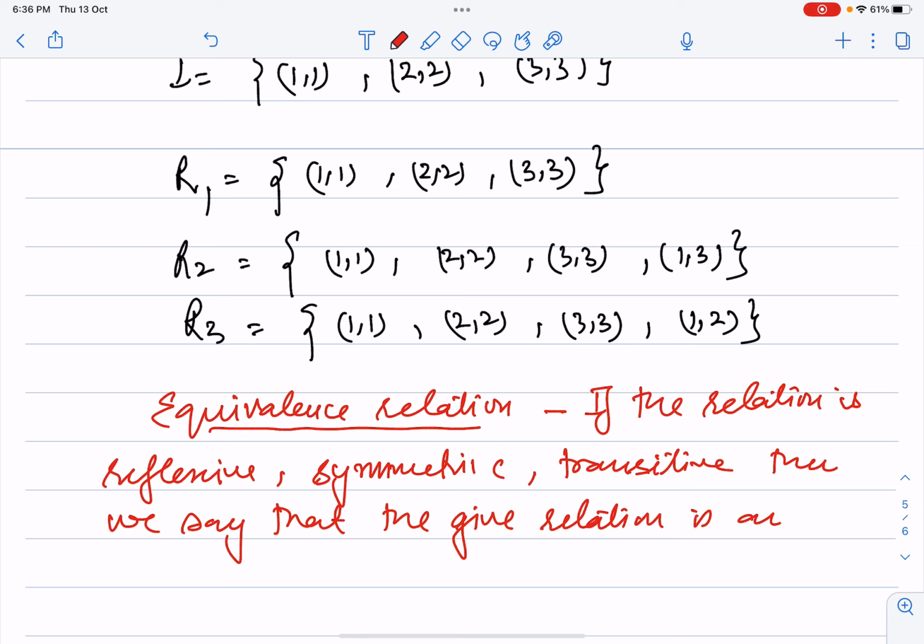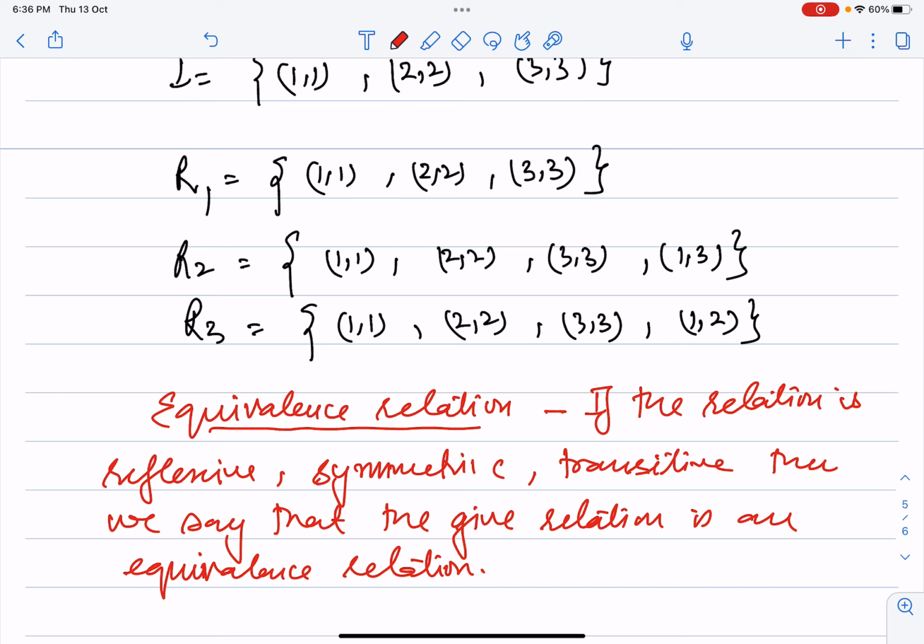then we say that the given relation is an equivalence relation. So in exams, they give problems like that: prove whether the given relation is equivalence or not. Then what you have to do is find whether it is reflexive, symmetric, and transitive. If it is all the three, then we say that it is an equivalence relation.